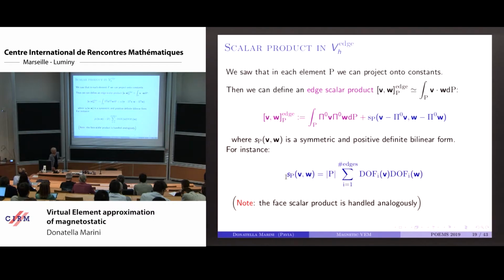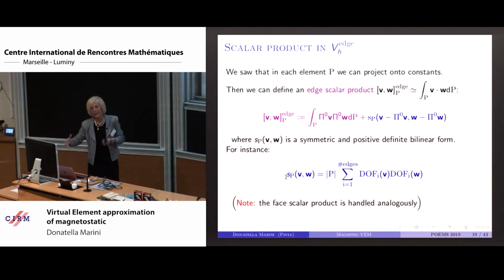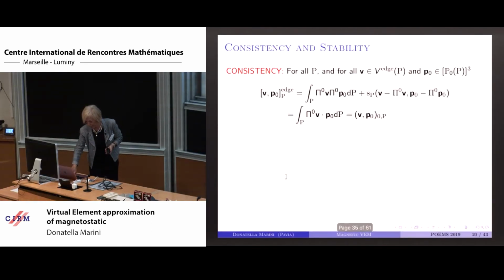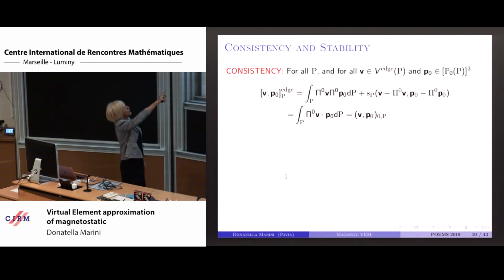And the face scalar product is done in the same way. Again, L2 scalar product between projection onto constants plus stabilization. Now, the consistency is very easy to verify with this. The first line is the definition of our edge scalar product.